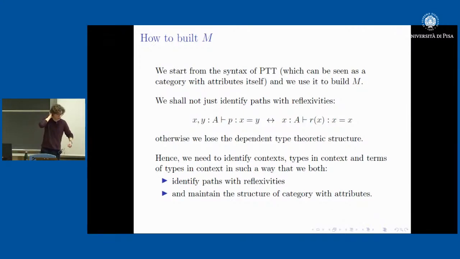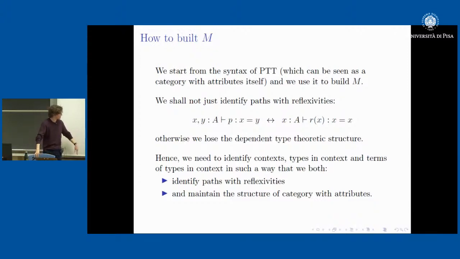If you want to think category theoretically, you will not get a category with attributes with the Cartesian natural transformation. Maybe the natural transformation is still natural, the family of display maps, but for sure it will not be Cartesian. You would have several possibilities to define the substitution, and this we do not want.